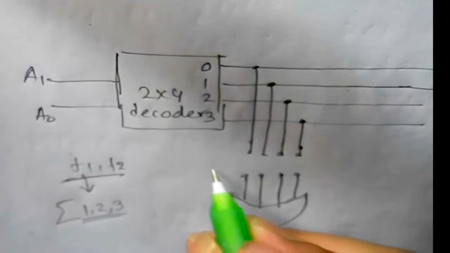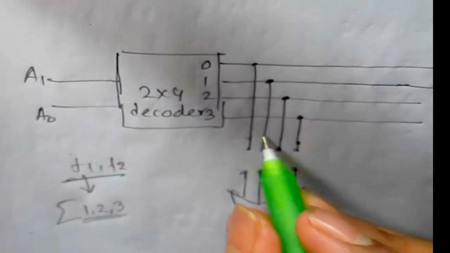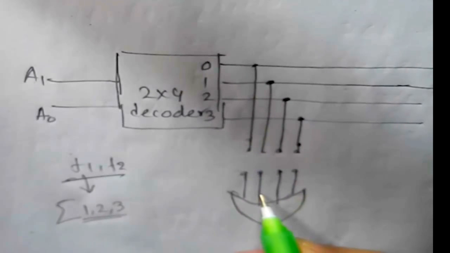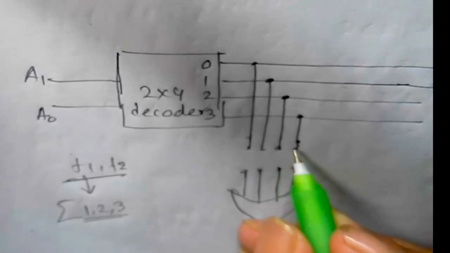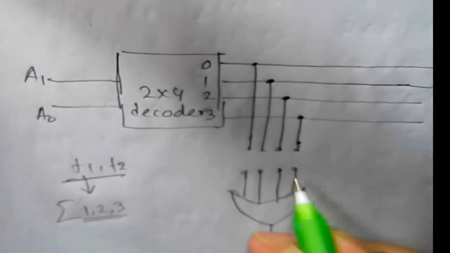So we need to link up with the OR gate. Here is 0, 1, 2, 3, so we need to connect 1, 2, 3.